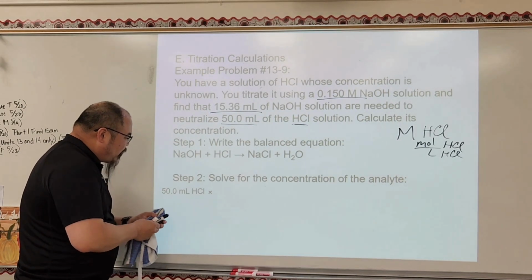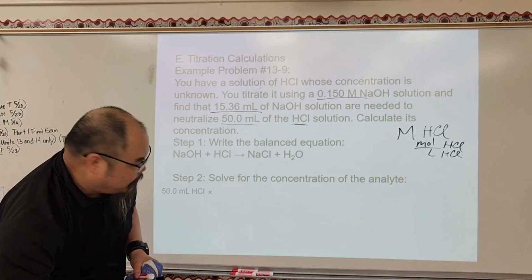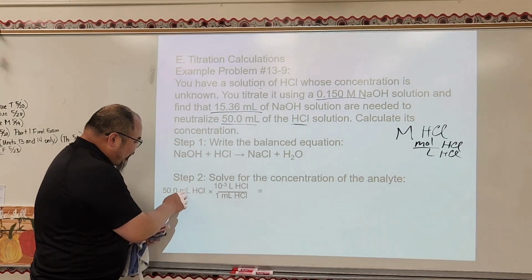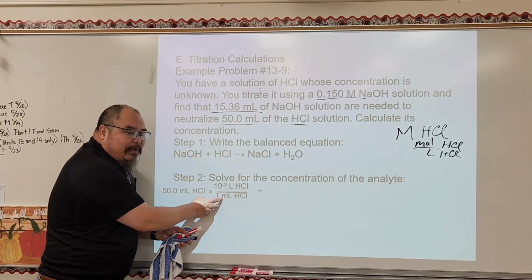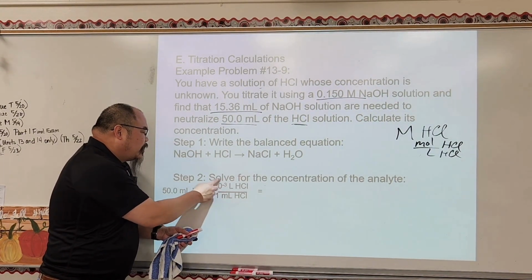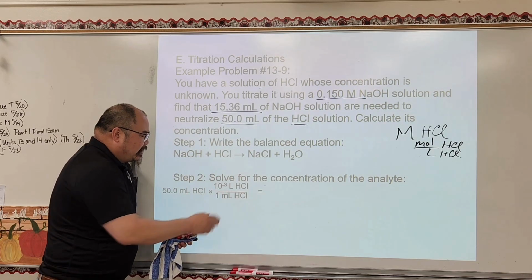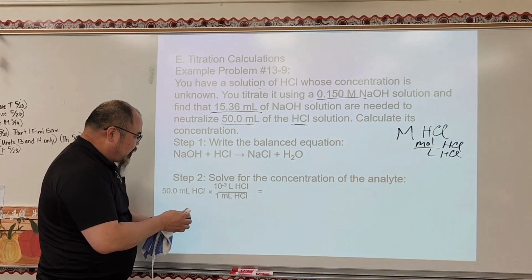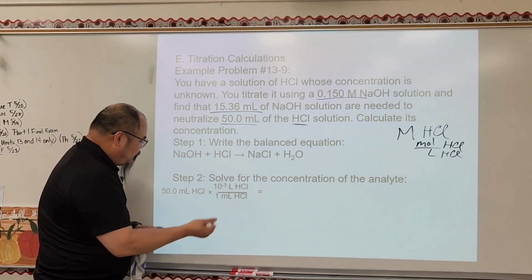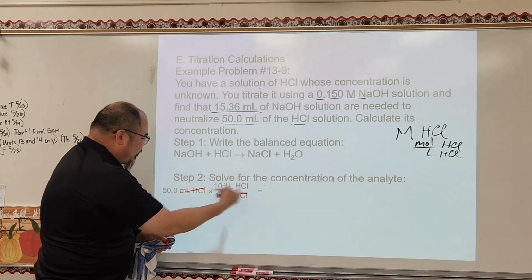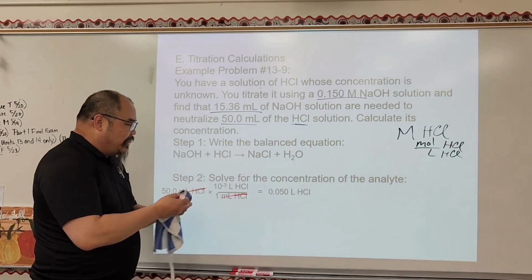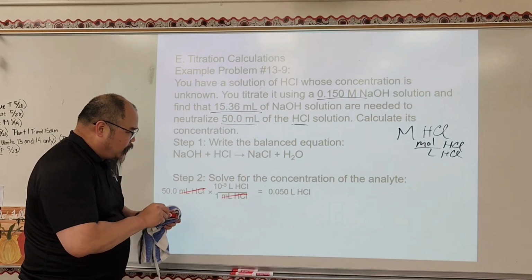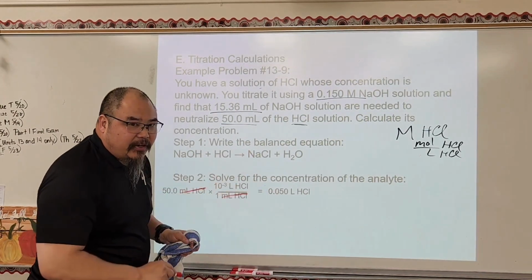So remember, when we convert, we put the unit that we want to cancel out on the bottom. We put a 1 before the prefix. And remember, if it's smaller than 1, it's going to have a negative exponent. We learned that a long time ago. Milliliters of HCl cancel out. Get your calculator. You can get 0.050 liters of hydrochloric acid. Great. Save that for later.